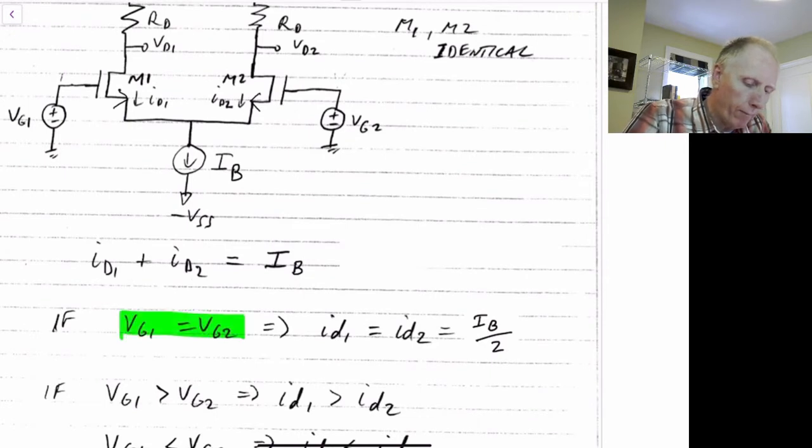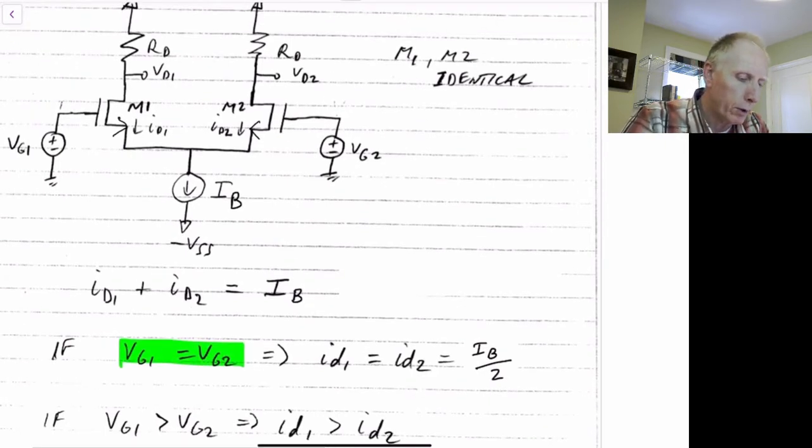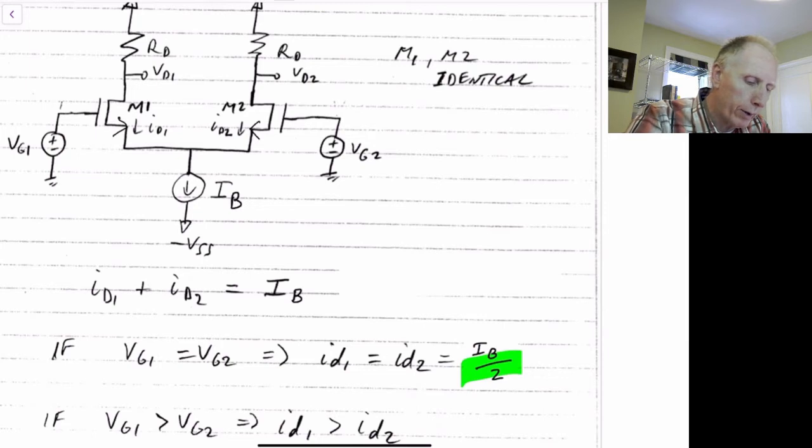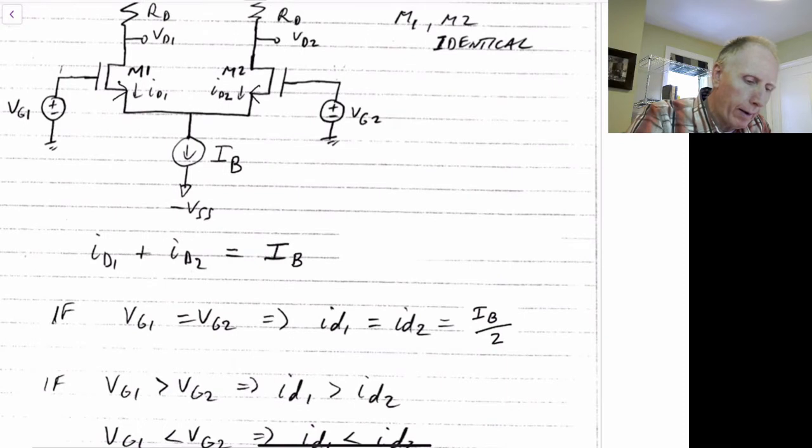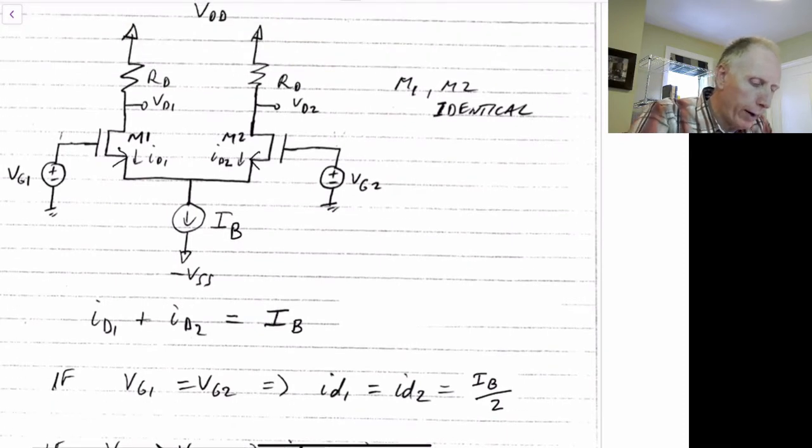In the case where VG1 equals VG2, so we make the two voltages the same, ID1 will equal ID2, and half the current will go in one direction and half the current will go in the other direction. In other words, this current here will be split equally between here and here. In the case where VG1 becomes higher than VG2, then this current will become larger and this current will become smaller.